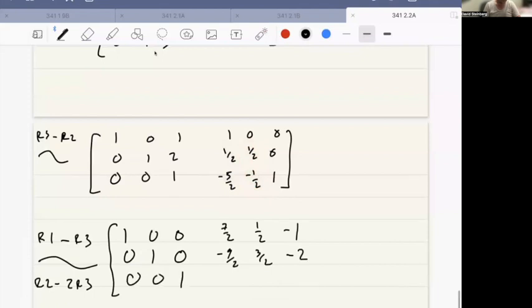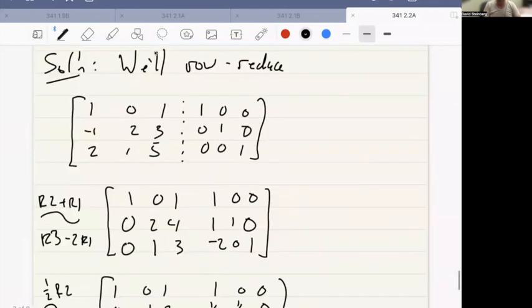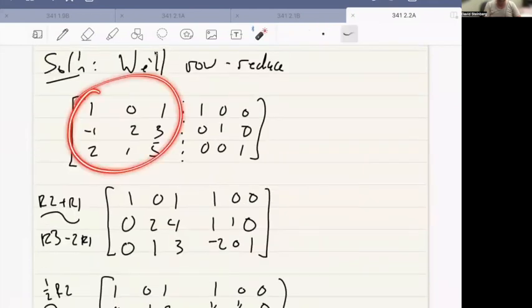Very humbling to have to do arithmetic in your head. Anyways, what we've done is put these two matrices together. We had A over here and the identity matrix here.